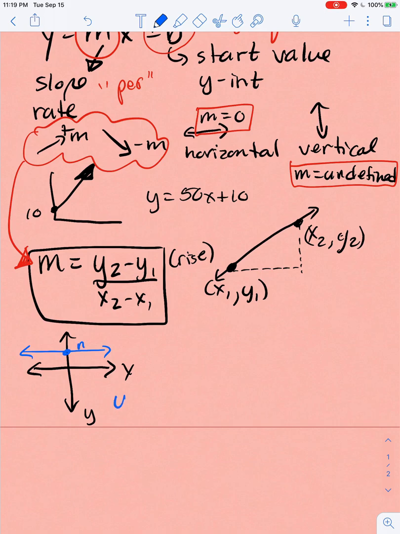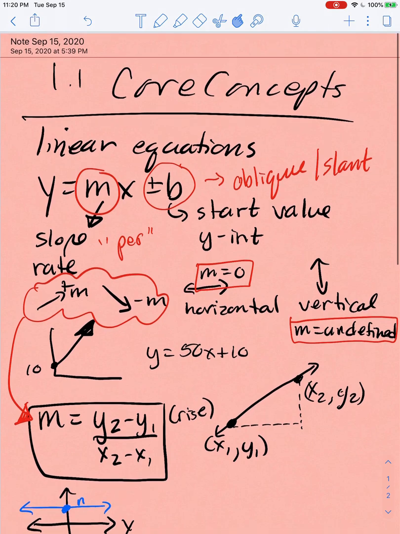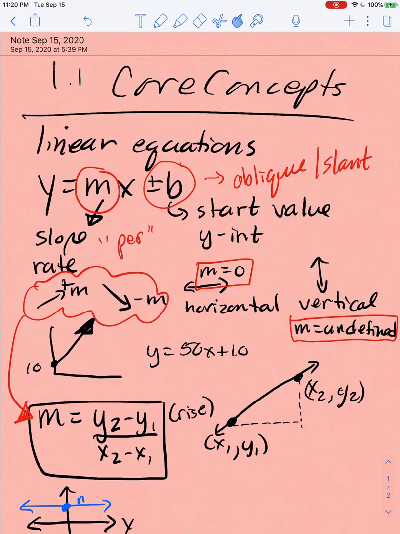So the horizontal line equation is just going to be y equals a number. There's no x in it. I always think of it as the variable that you see tells you what axis it crosses. So this only crosses y, so there's just a y. Whereas up here, these oblique lines will cross both the x and the y axes, and so both of those appear in my equation.